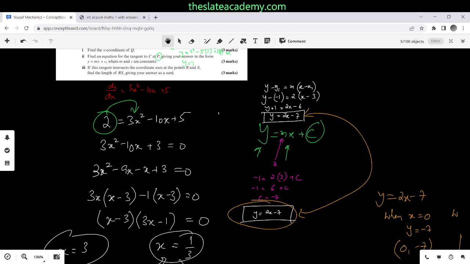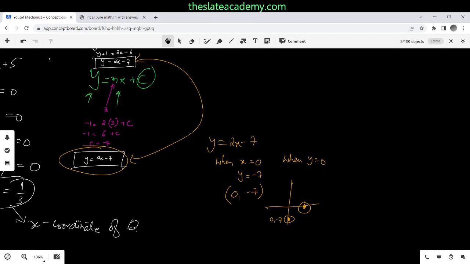When y is equal to 0, 2x minus 7 is equal to 0, 2x is equal to 7, x is equal to 7 over 2. So the second point over here is 7 over 2 comma 0.